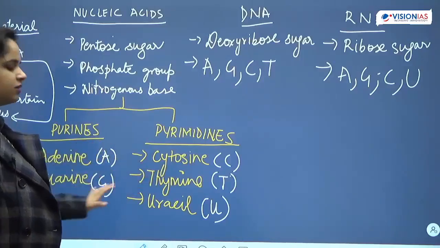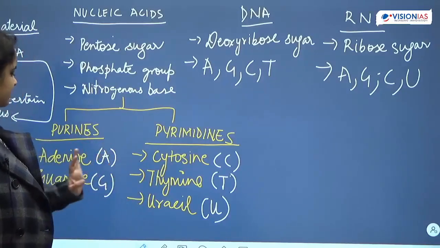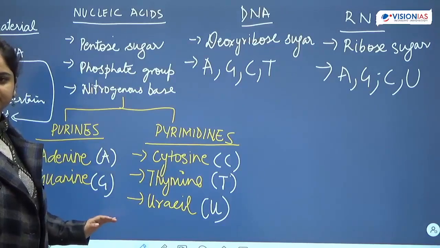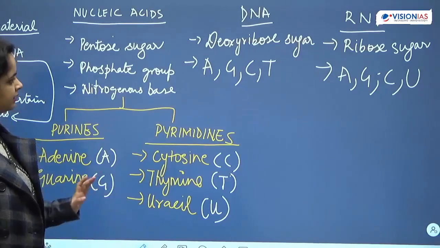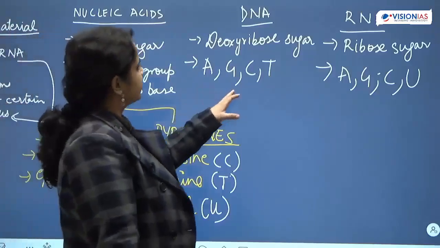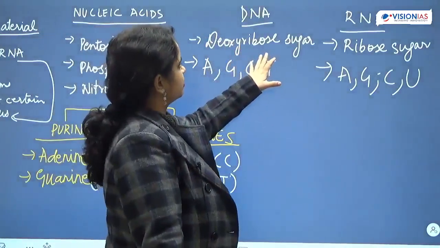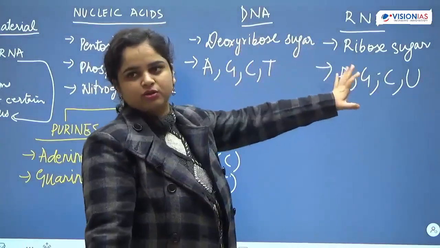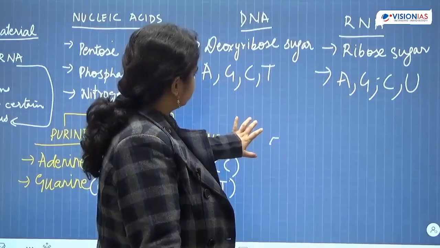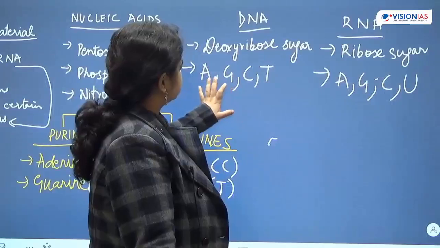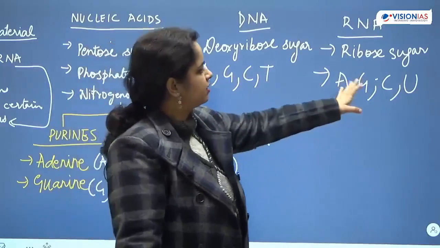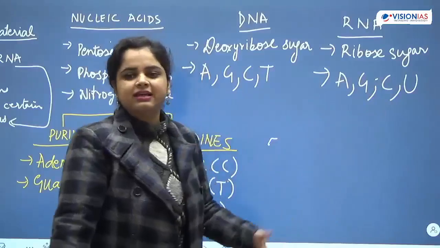Nitrogenous base further has two types, purines and pyrimidines, and these are their names which you have to learn. Right? Now, how this fits into the structure of DNA and RNA, that's the next thing. We have a deoxyribose sugar in DNA, a ribose sugar in RNA. Then there is a difference in their nitrogenous bases. You have adenine, guanine, cytosine, thymine in DNA. You have adenine, guanine, cytosine, and uracil in RNA.